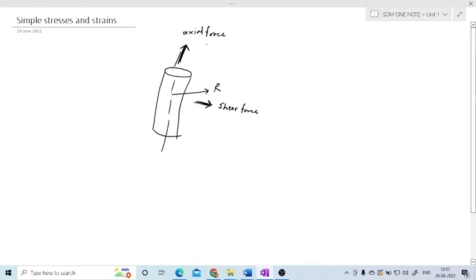The forces which are along the axis may be tensile or compressive, and the force which is perpendicular to the axis is the shear force. This means there are two types of forces: first the axial force and second the shear force. In axial force, suppose I apply the force on the material and the material gets elongated, meaning its length increases, then this force is called the tensile force.